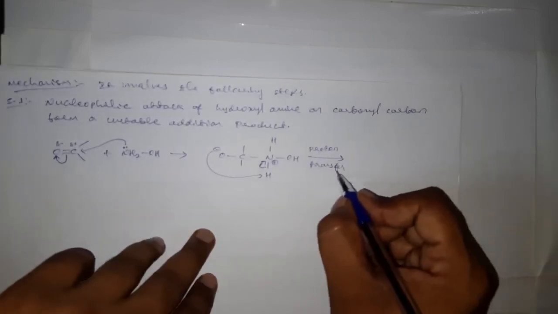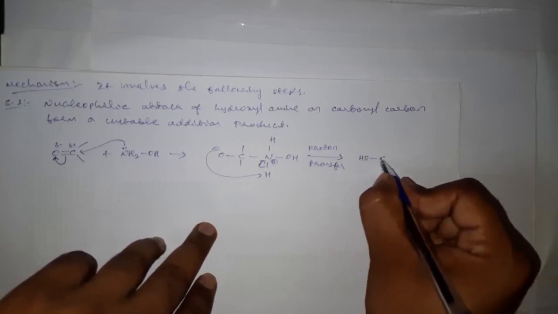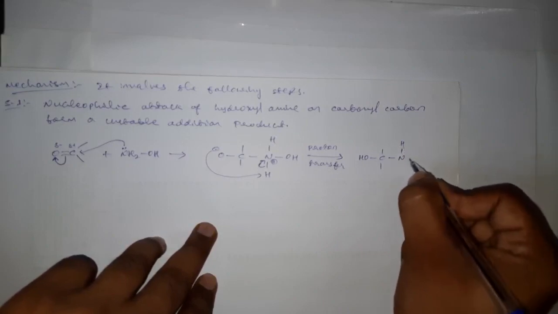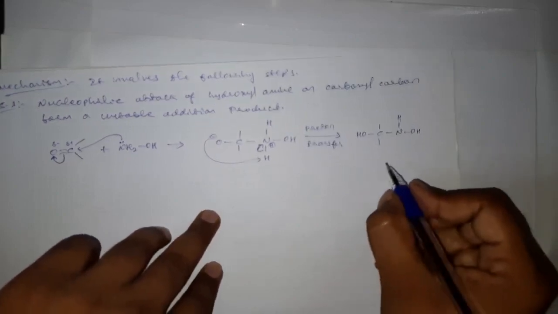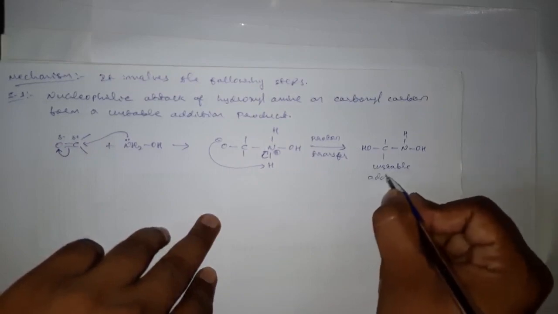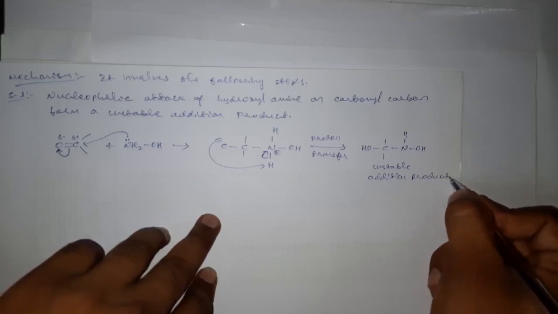Therefore this is a proton transfer step, and here we will get OH, C, single bond N, H, OH. This is an unstable addition product.